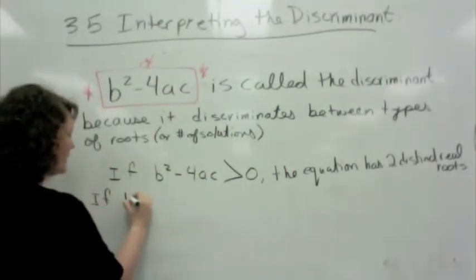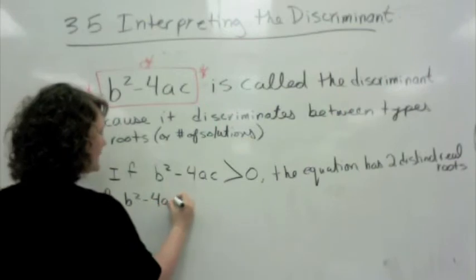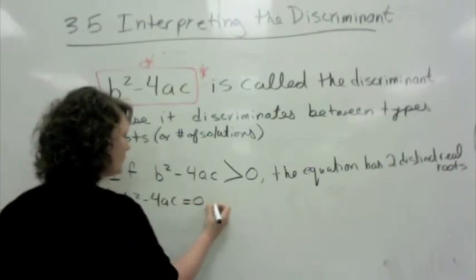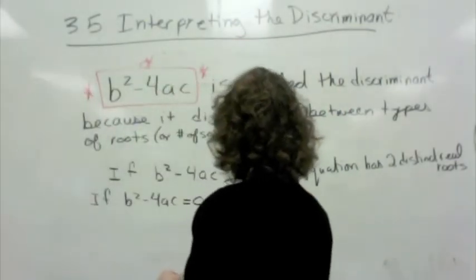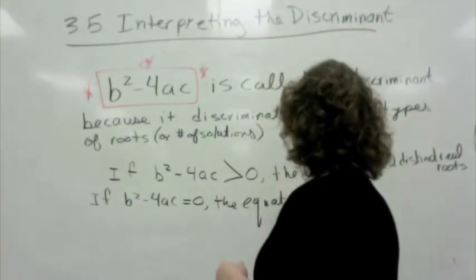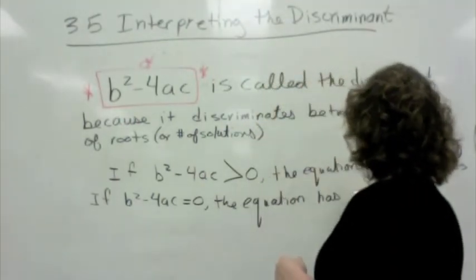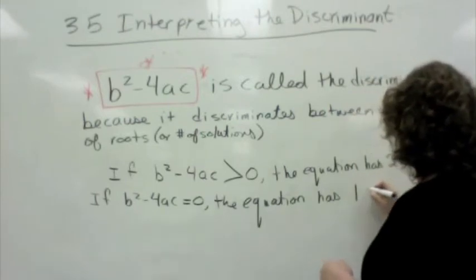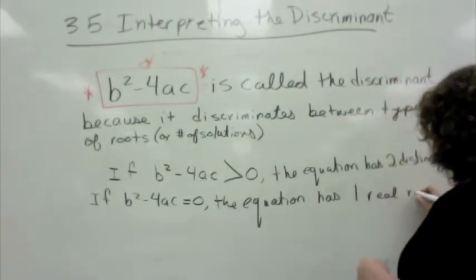If b squared minus 4ac equals 0, the equation has one real root.